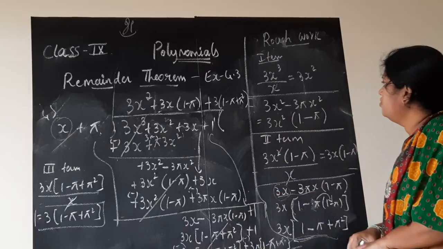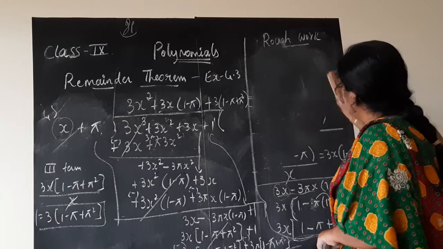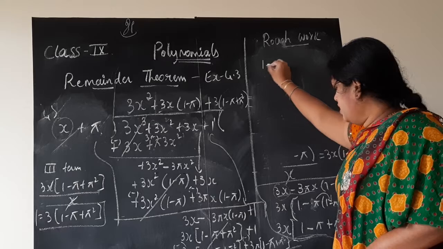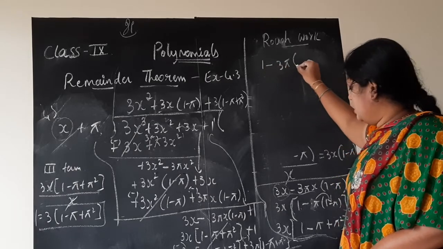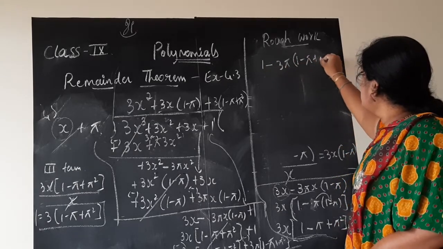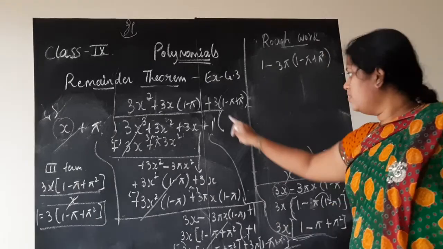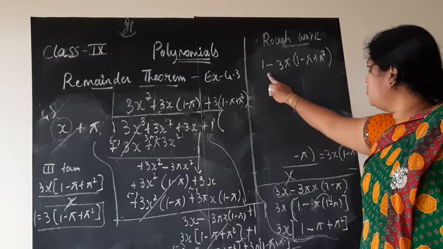What am I left with? I will clean this part, children. What am I left with? 1 minus 3 pi into 1 minus pi plus pi square. So the plus 1 in our next term, that is this plus 1.